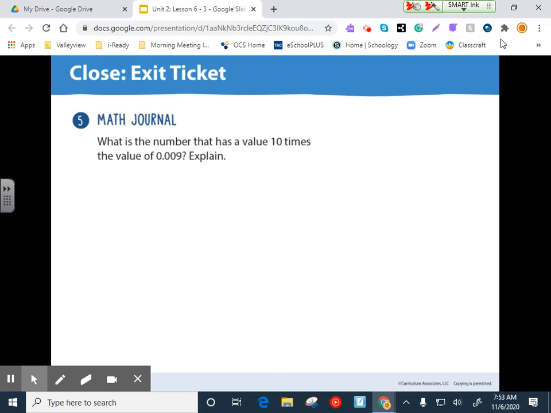All right, finally, what's the number that has a value 10 times the value of 9 thousandths? So let's write down 9 thousandths, and we've done this so many times, you're probably already thinking, if you want it 10 times bigger, just move it 1 place value to the left, and that will give us 9 hundredths.